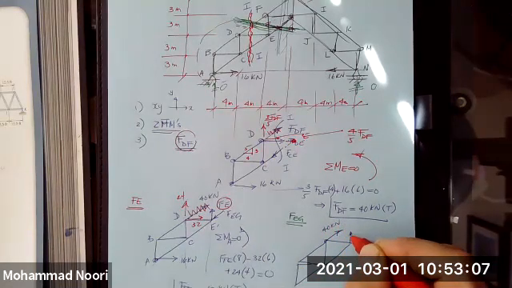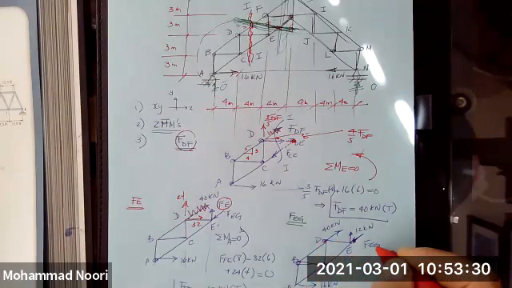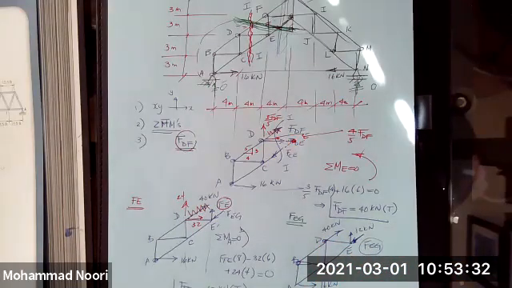This is this force, which we found is 12 kilonewton. And this is the force that I want to find, F of EG. And this is 16 kilonewton. This is the force of EG.